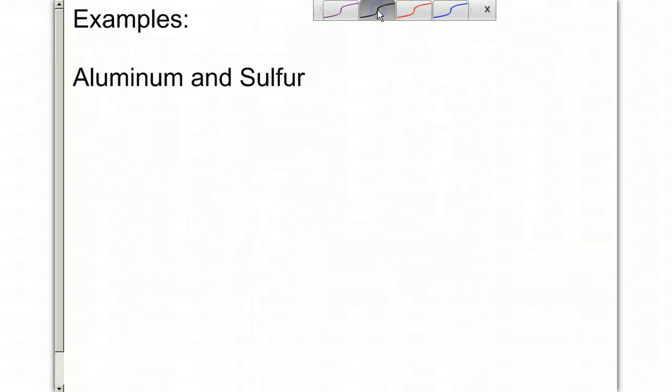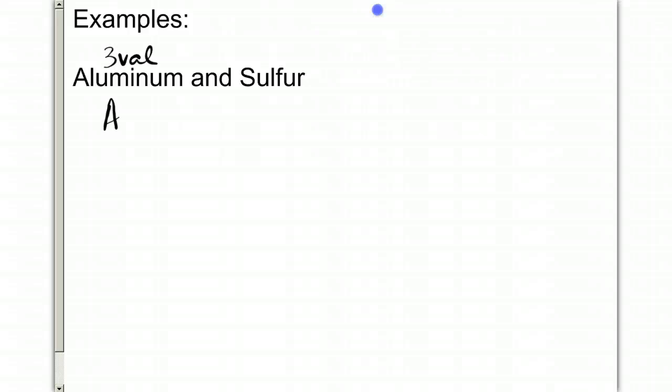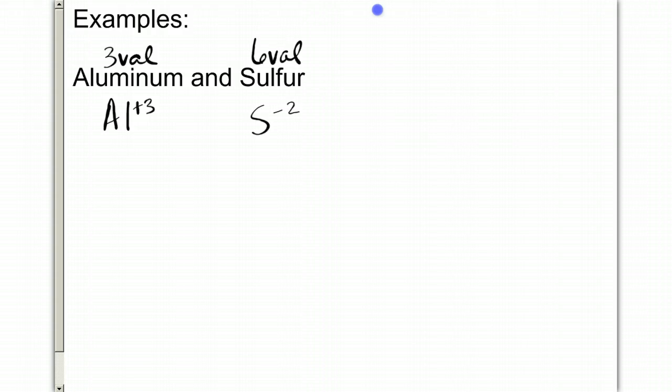To predict the stable ions, first I have 3 valence on aluminum, which will give me an Al+3, and then there are 6 valence on sulfur, which gives me an S-2. So these are my stable ions that will form.